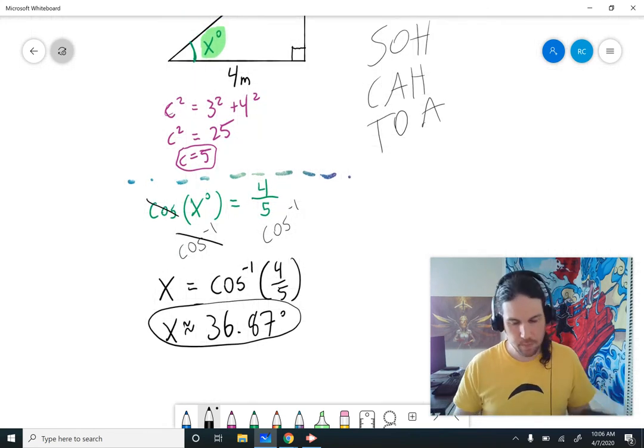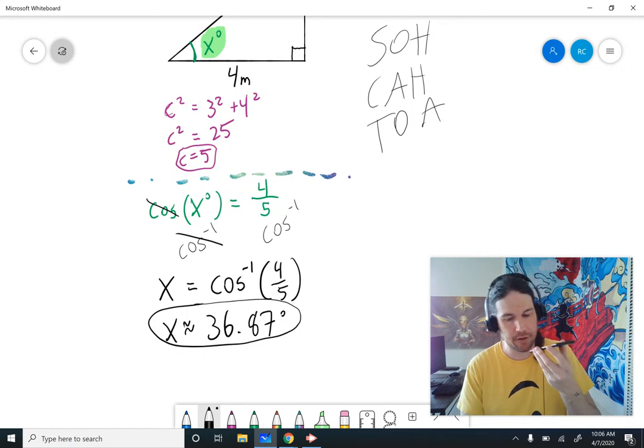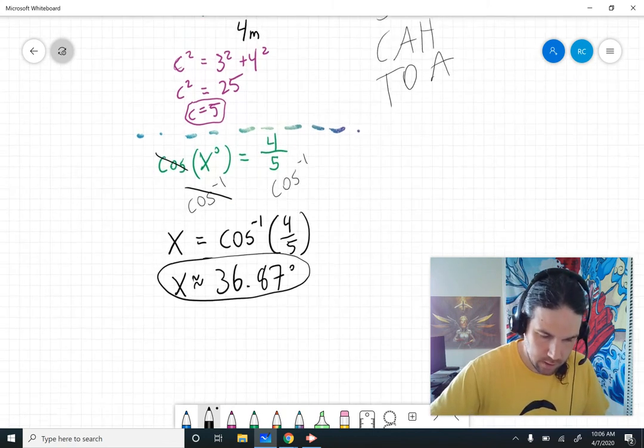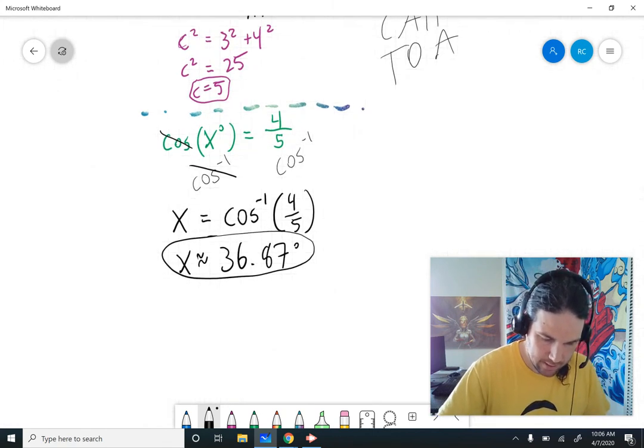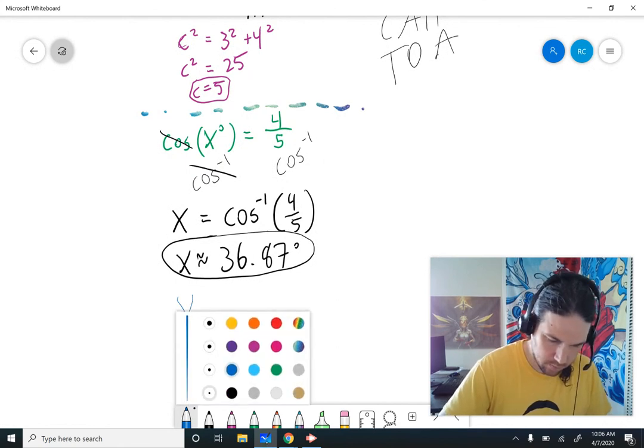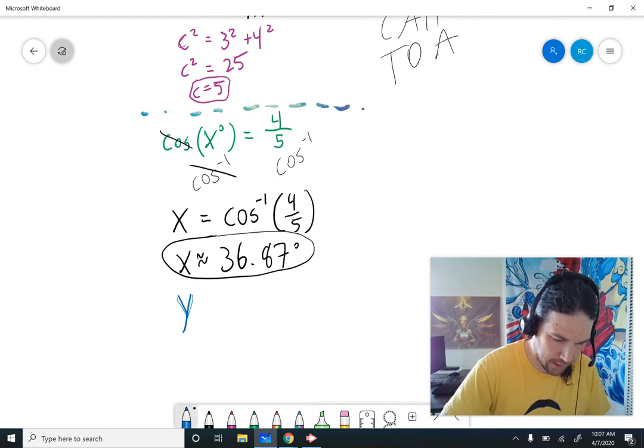And once we've got this, we can do some quick subtraction, right? Hey, Google, what's 90 minus 36.87? The answer is 53.13. So we get y is about equal to 53.13.